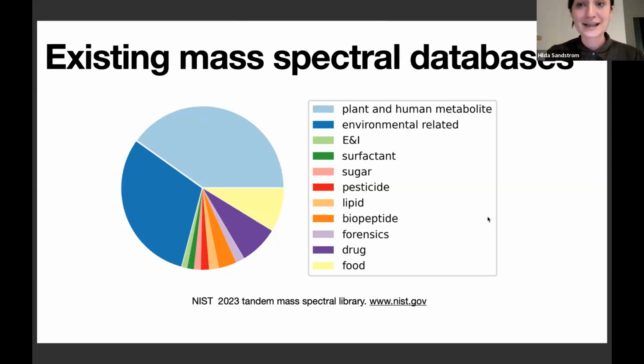So what exists inside these databases is mainly metabolite compounds and drug molecules. This pie chart shows the class distribution of this year's edition of the NIST Tandem Mass Spectral Library. And the previous versions used to have an even larger share of metabolites in the data distribution.